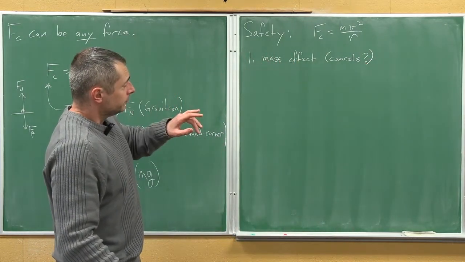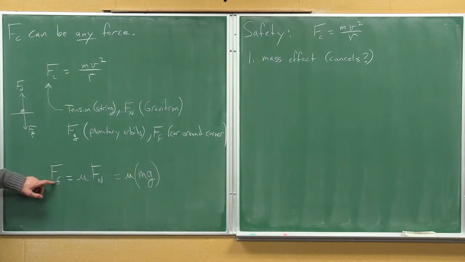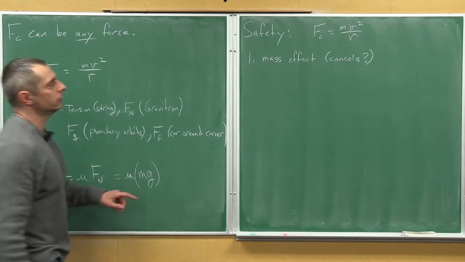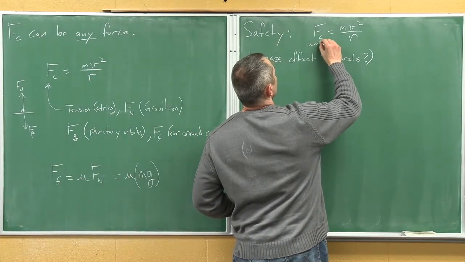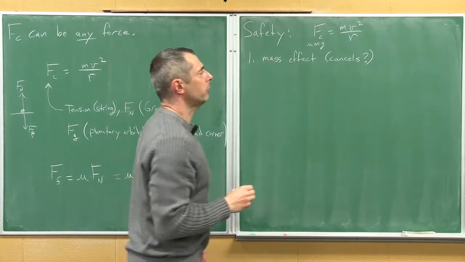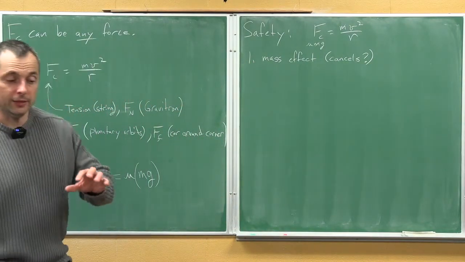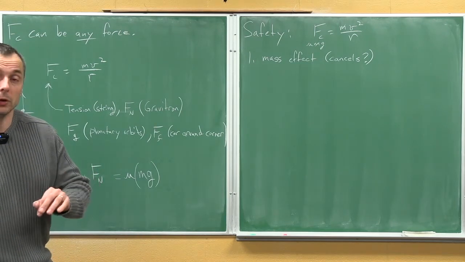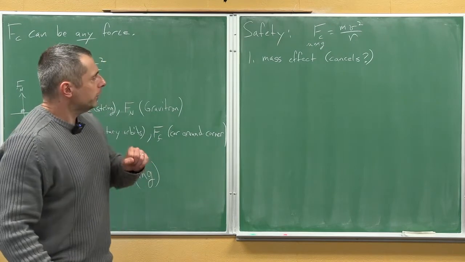But why would it cancel? Remember, you're getting the centripetal force from the friction of your tires. So on this side of the equation, if you put mu mg, notice the mass of the car seems to drop out of the problem. And so the balance of your friction force and the mv squared over r that's required doesn't seem to have mass in it anymore. Now I put a question mark.